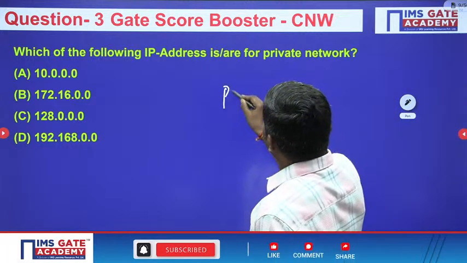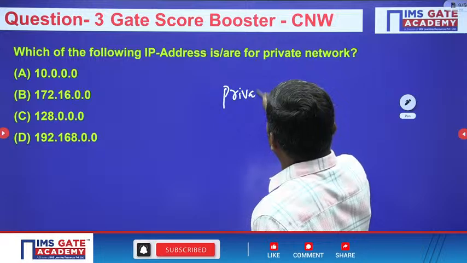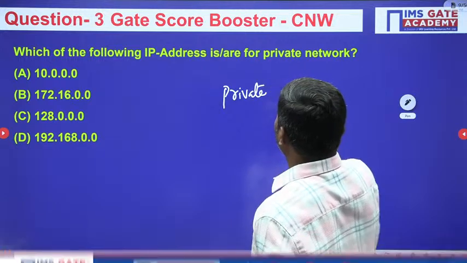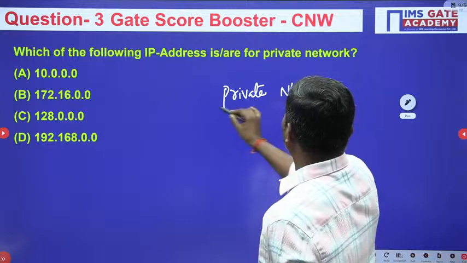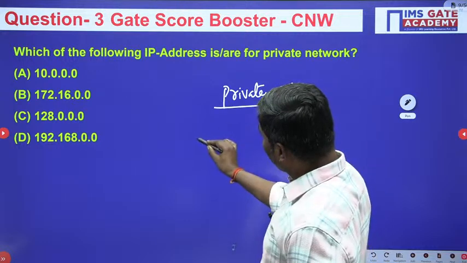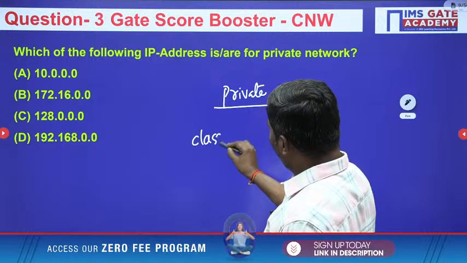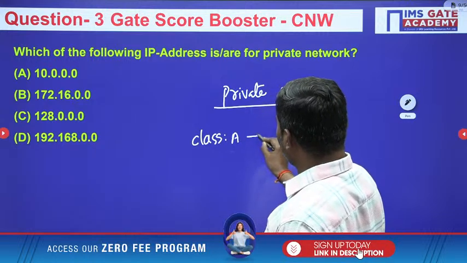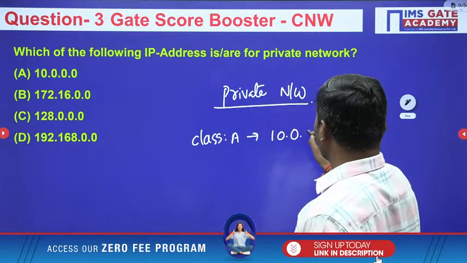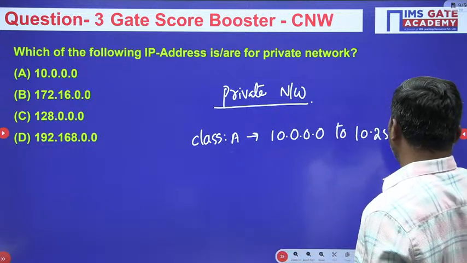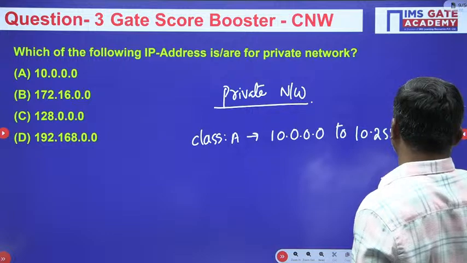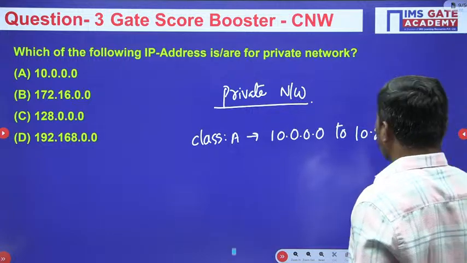So understand, of all the IP addresses, a private network can be formed by taking the IP address from class A. From class A, you understand, class A: 10.0.0.0 to 10.255.255.255. This is one network ID.